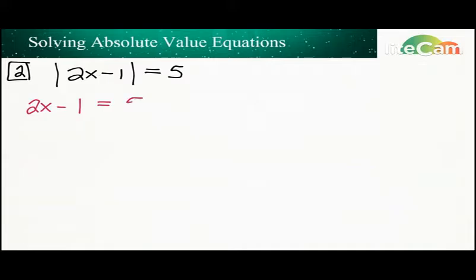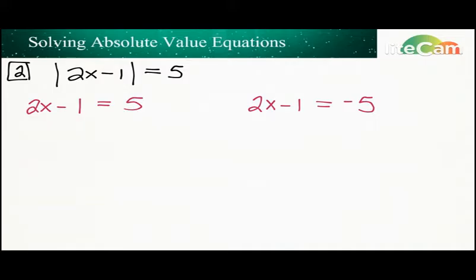So I'm going to go ahead and make it a positive 5. But I also know that inside of the absolute value, that number can be a negative 5. Since I know that has to equal 5, I know it can be negative 5 because an absolute value changes a negative 5 to a positive.